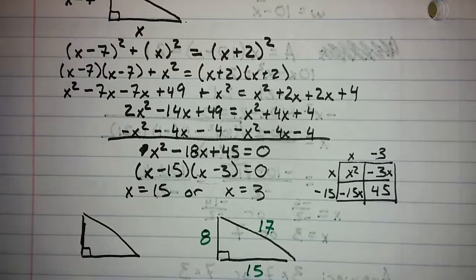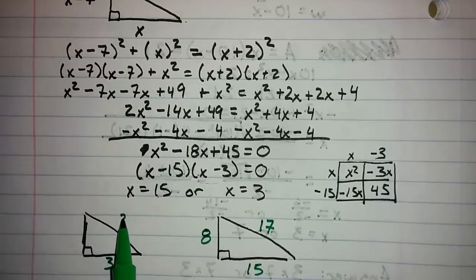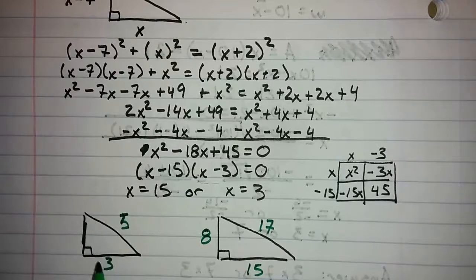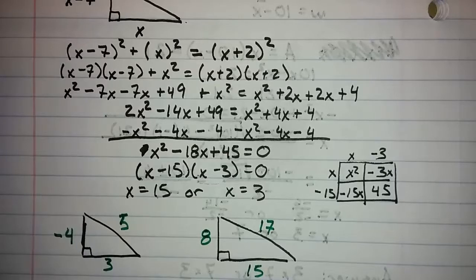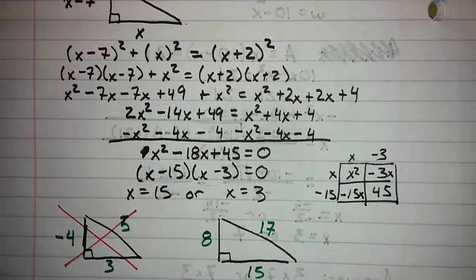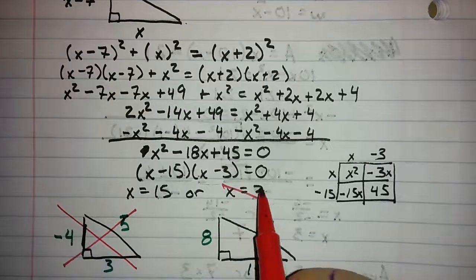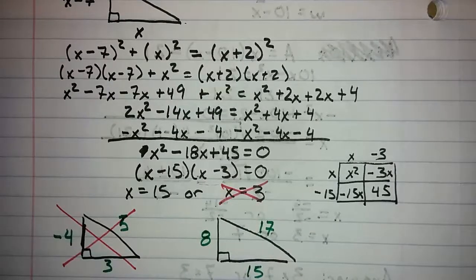That makes sense. 3 plus 2 is 5. 3 minus 7 is negative 4. Can a side be negative 4 long? Nah, that doesn't make any sense at all. That one's out, which means the solution x equals 3 is out because it doesn't make any sense in the problem.